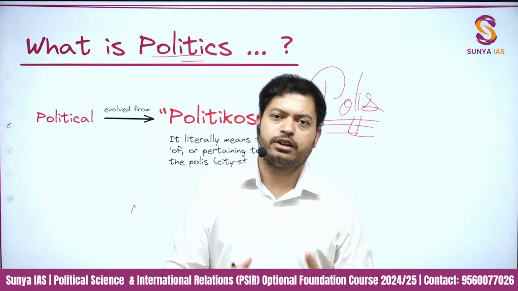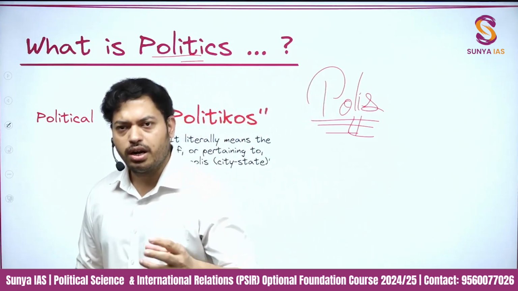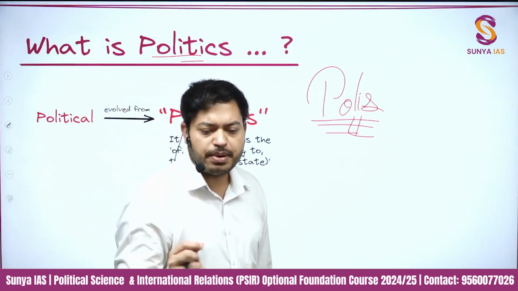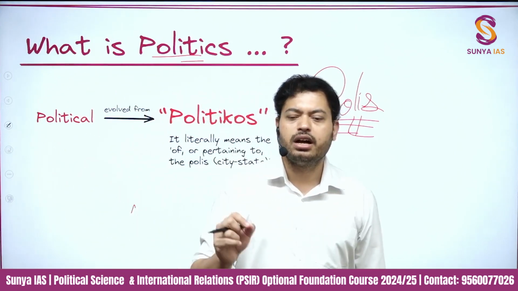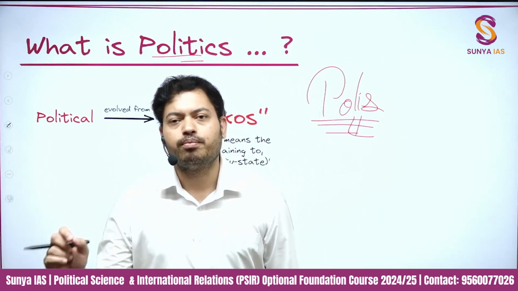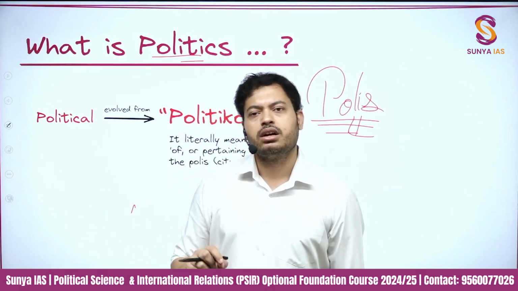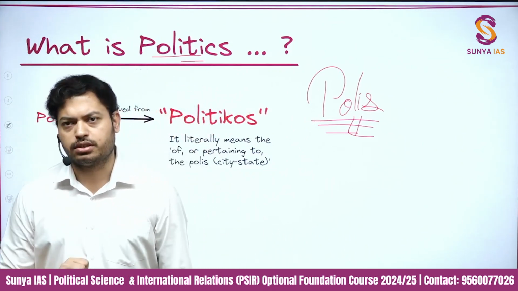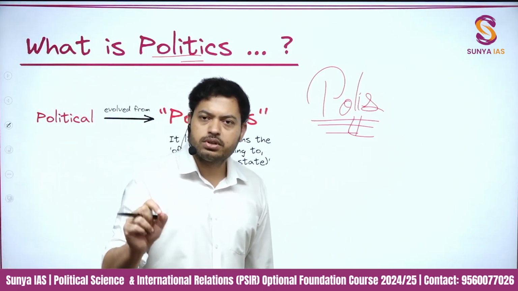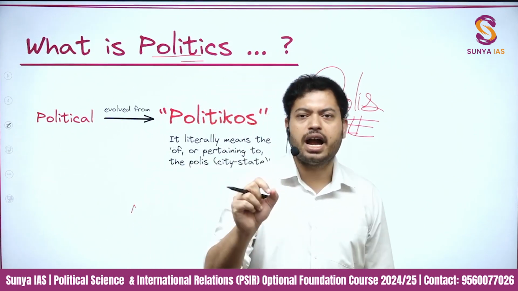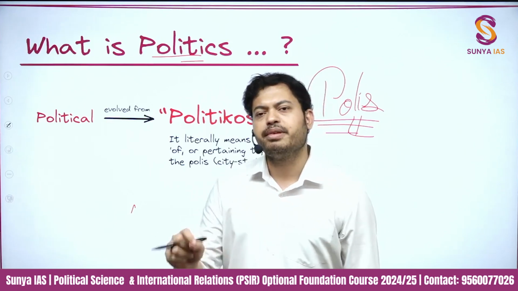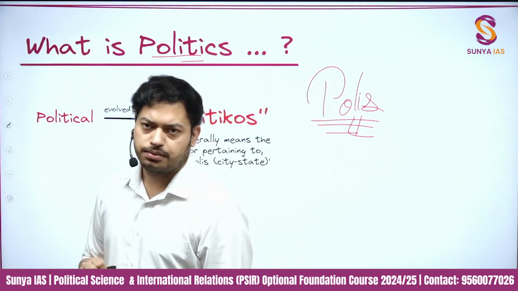A lot of people had to participate in it, so it got acceptance of the people, and from there the very basic idea evolved that the process of managing and regulating a whole community was thereon being called politics. Fine. The process of managing and regulating the whole community can be called politics.